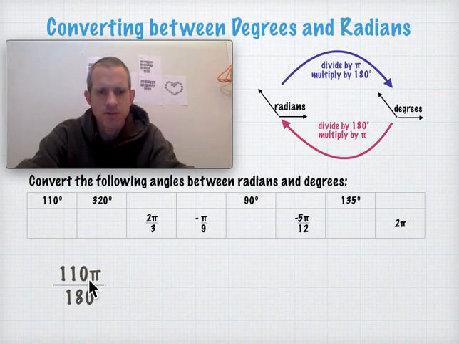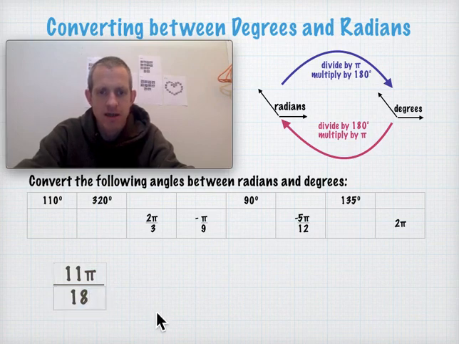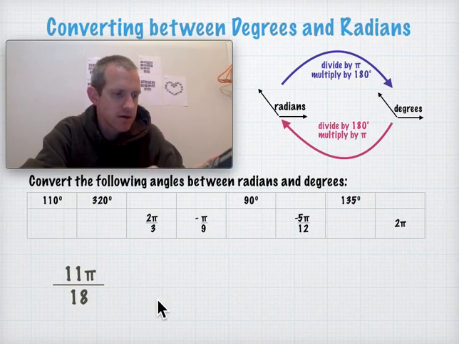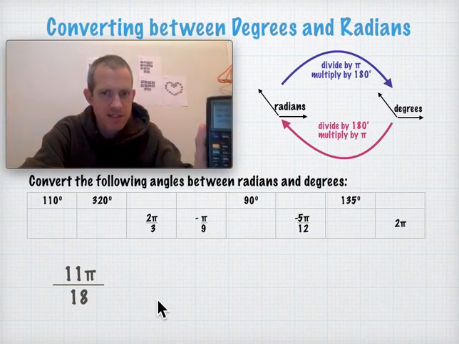The only thing we would still do maybe is to reduce it. And so if you want to reduce this by hand, you might notice, hey, they're each divisible by 10. And that would give us 11 pi on top and 18 on the bottom. If you wanted to use a calculator to do this sort of thing, you could do 110 divided by 180, and then don't actually type times pi, but just hit enter and you'll get a decimal number.